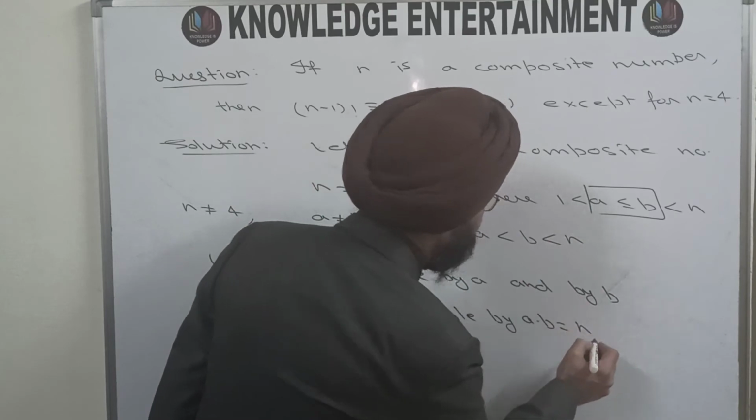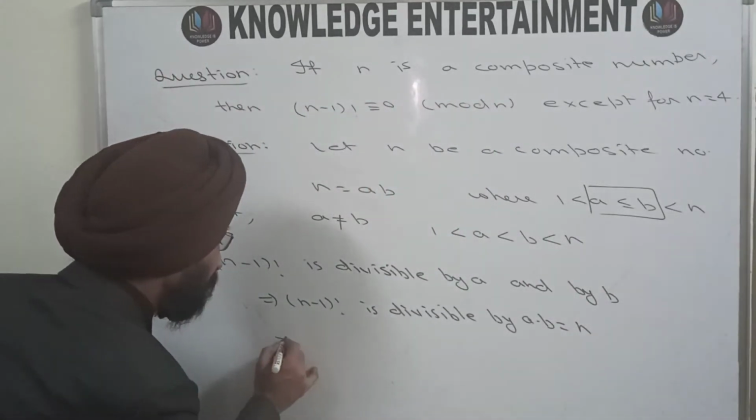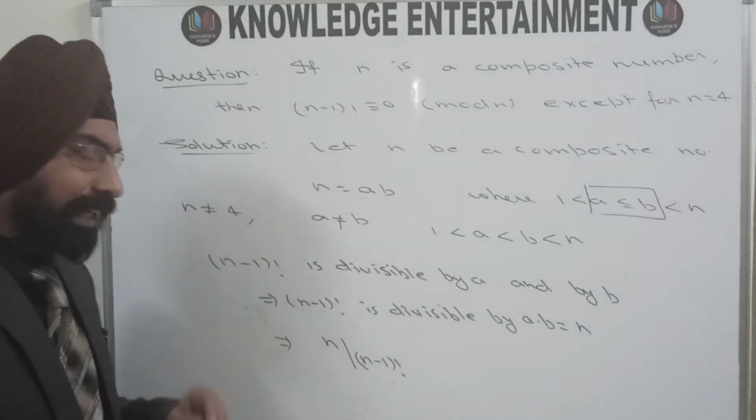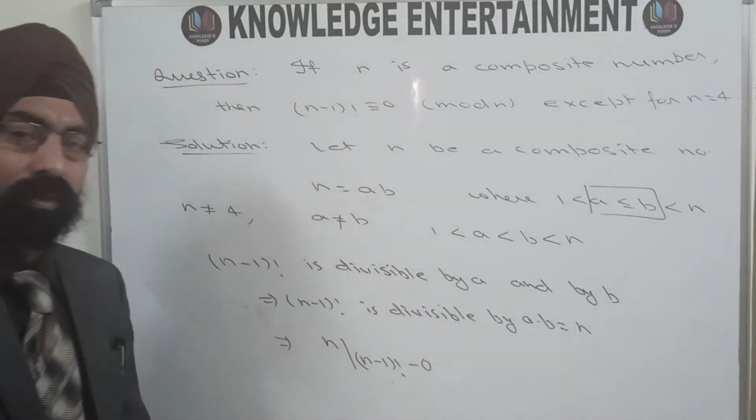So this means n divides (n minus 1) factorial, and once again you can write minus 0, and m divides A minus B.